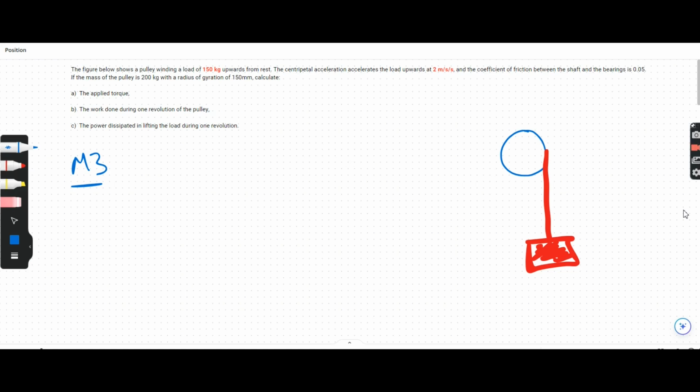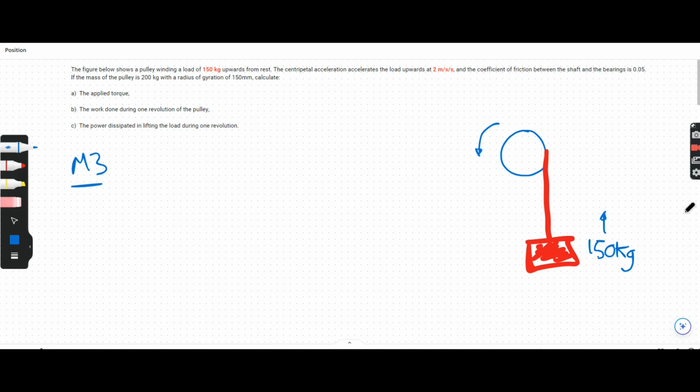And the load is 150 kilograms there. That might be different for you, I don't know. 150 kilograms is going upwards. So this pulley is rotating, perhaps going that way, and pulling this load up.